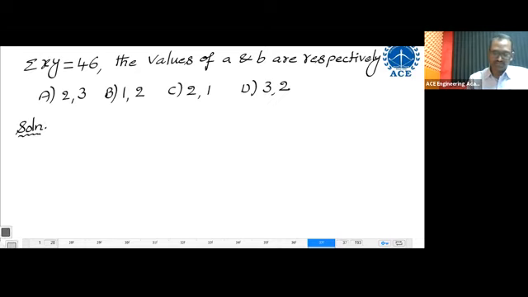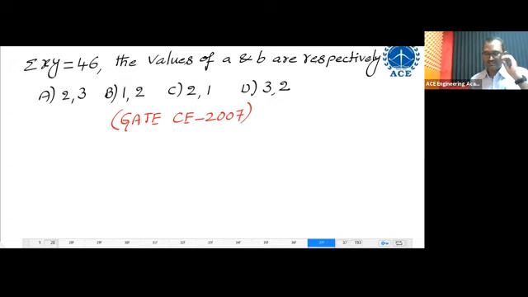This problem was given in the GATE civil engineering exam. In ESC 2020, 2021, 2019, we don't have linear equations in the syllabus.